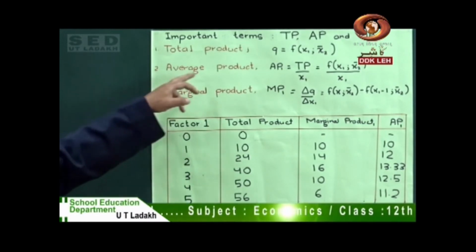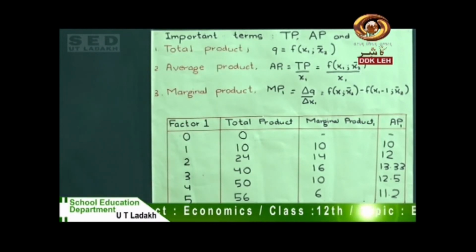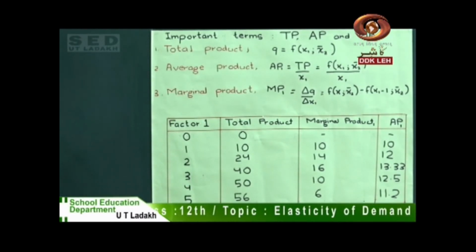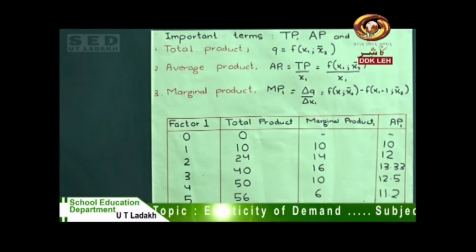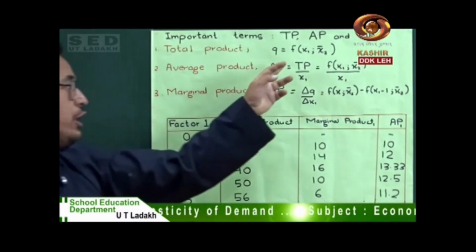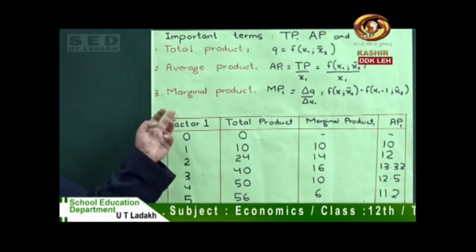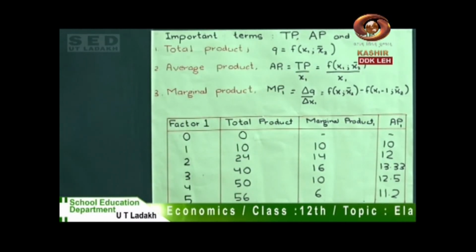The second concept is your average product. Average product is simply the ratio of total product to your variable input, that is simply Q to X1. The third concept is marginal product.